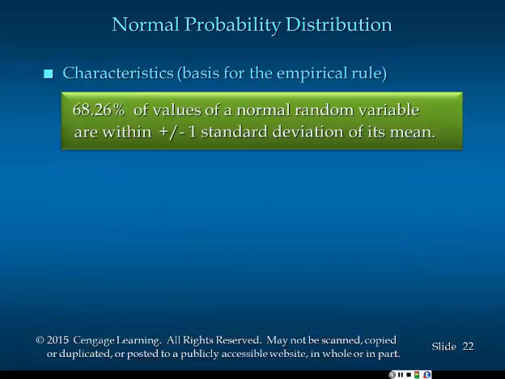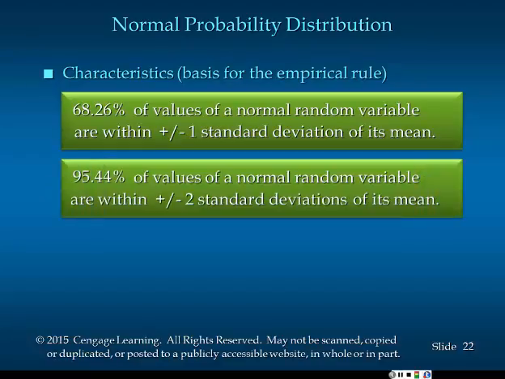Now this is the reason we use this. The normal distribution follows the empirical rule very closely. 68.26% of the values are found within one standard deviation of the mean. Within 2 standard deviations of the mean, about 95.44% of all of the data fall within there.